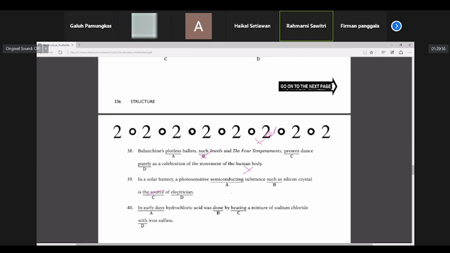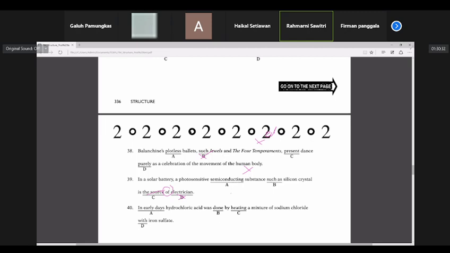The incorrect one is actually D. Here we have to be careful in analyzing the sentence. Of is followed by a noun, and grammatically electrician is a noun. But if we see the meaning, an electrician is a person. What we have here is not a person but a thing, so it should be the source of electricity.